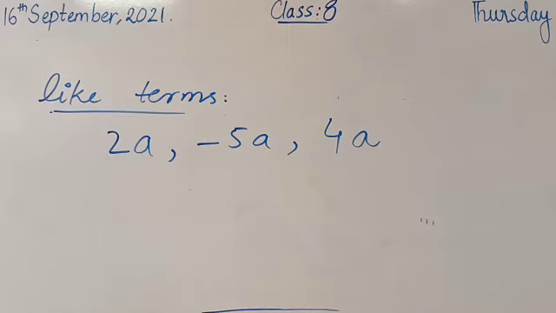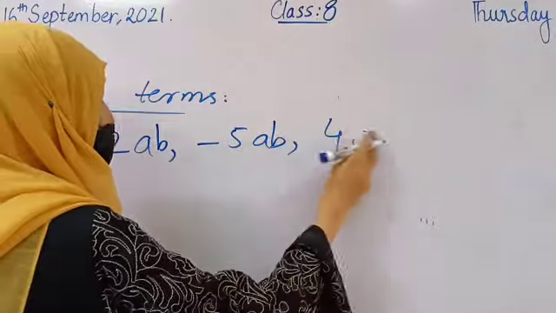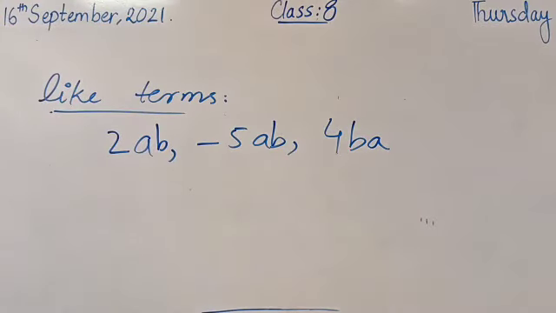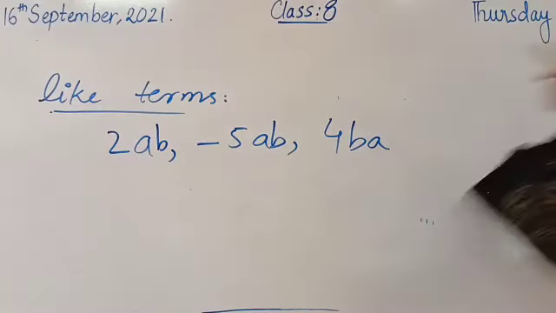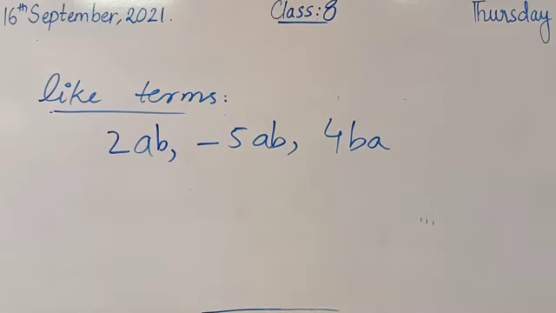The coefficients may be the same or different, but the condition is on the variable: the variables must be the same. If I write ab and this is ba, are they like terms? Yes, because this term has the variable ab, this is also ab, and this is ba which is also ab.